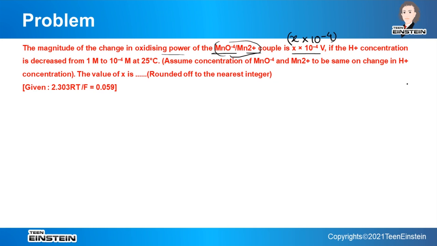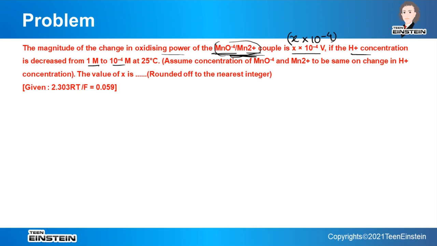One condition is H plus concentration is 1 molar, another condition is H plus concentration 10 to the power minus 4 molar. So if the H plus concentration is decreased from 1 molar to 10 to the power minus 4 molar, when acidity is decreased, then what is the change in the reduction potential value of this system? That is actually the oxidizing power.